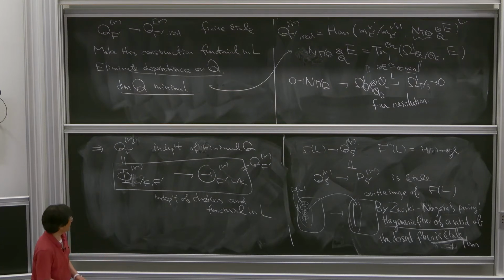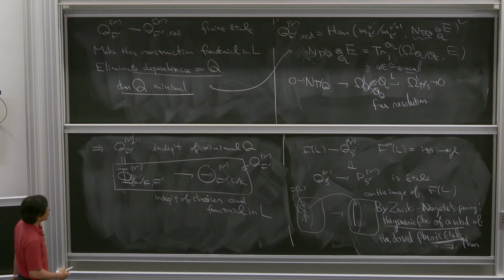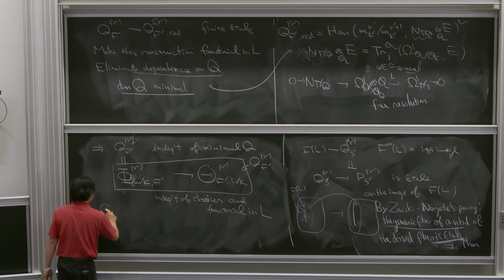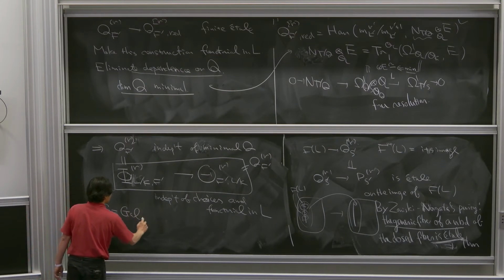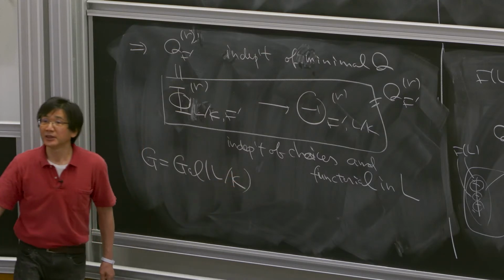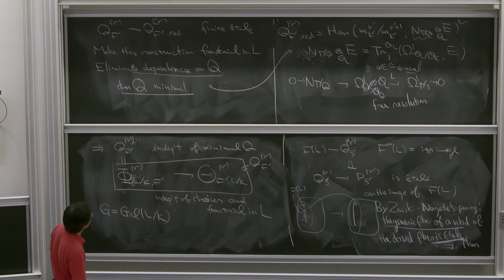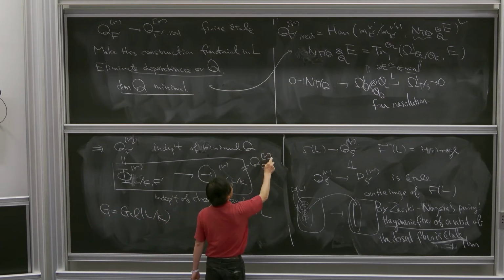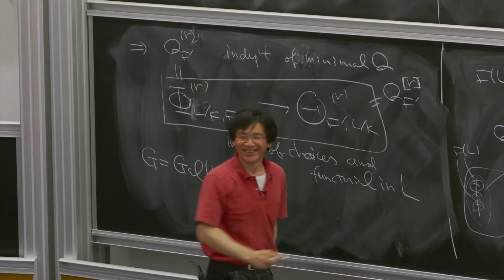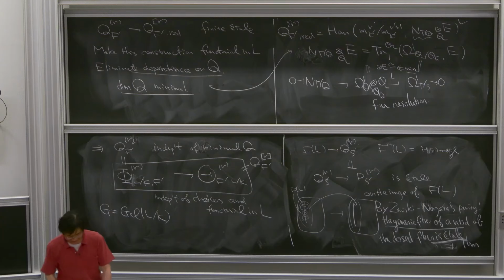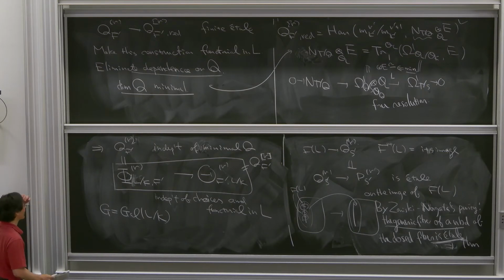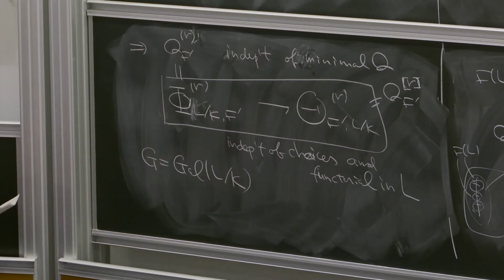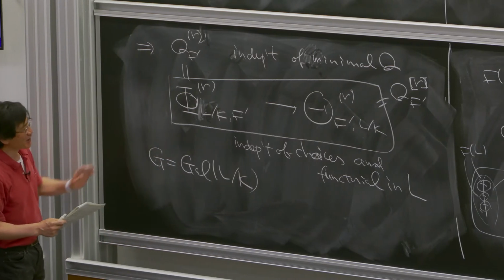So in this way, we get a nice object. So now we look at the Galois action. We have a Galois group. Now we have this Galois action.